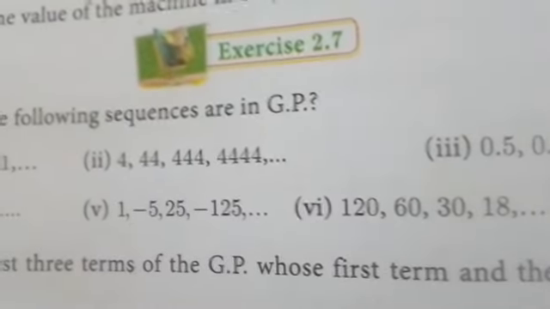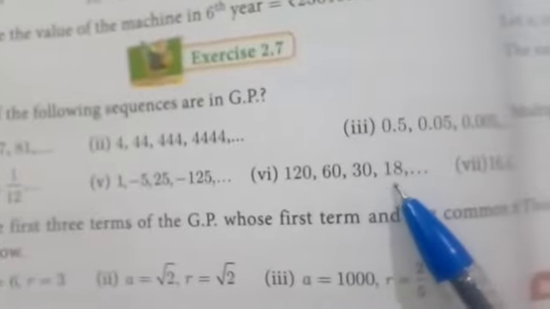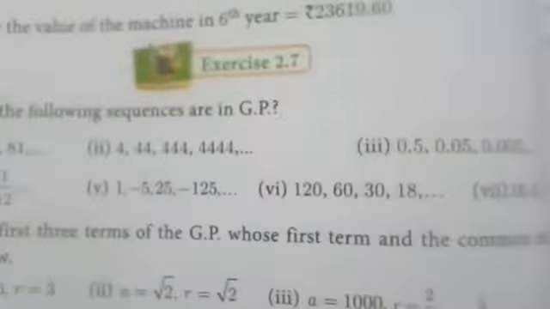Sixth: 120, 60, 30, 18. The next: 16, 4, 1, 1 by 4, etc.